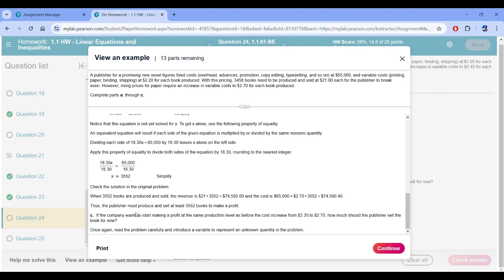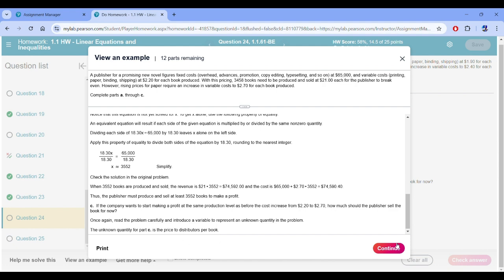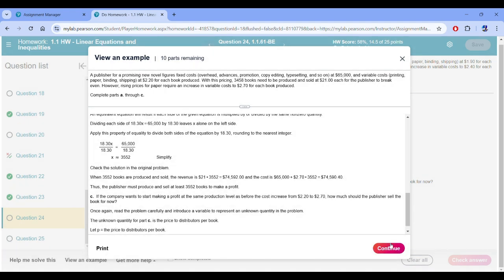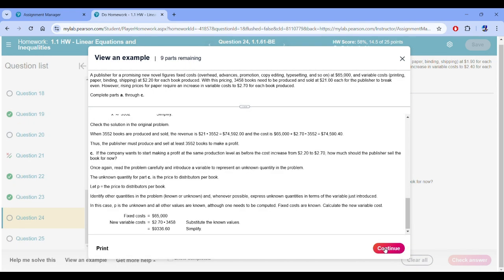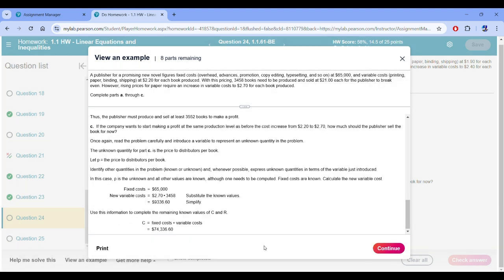For part C, if the company wants to start making a profit at the same production level, the cost increased from 2.2 to 2.7, how much should the publisher sell it for? So again, just figuring it out. So now, let's see, where's my equation? Fixed cost 65,000, new variable cost is 2.70 times the number of books. Boom. Fixed cost plus variable cost is 74,000 because we added these two.